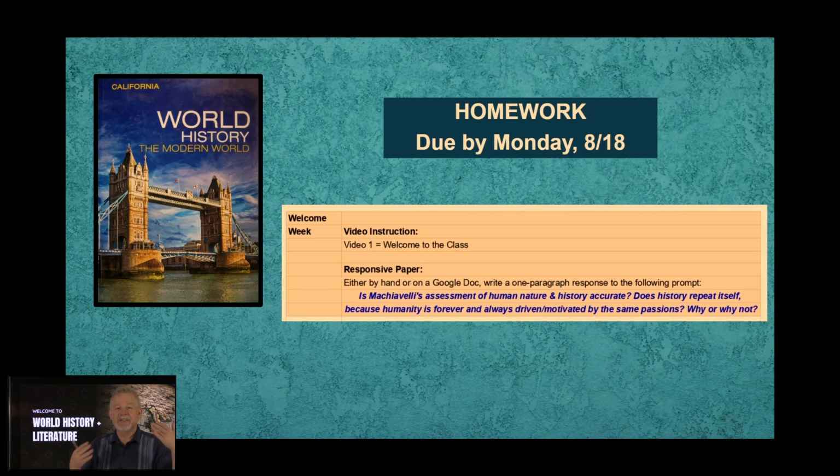It will always inform and drive and motivate people no matter what era, what country, what time frame. Do you agree or do you not agree? You're going to write a 1-paragraph response telling me why or why not. Yes, I do. Why? No, I don't. Why? And we'll start there. That is where we will begin.